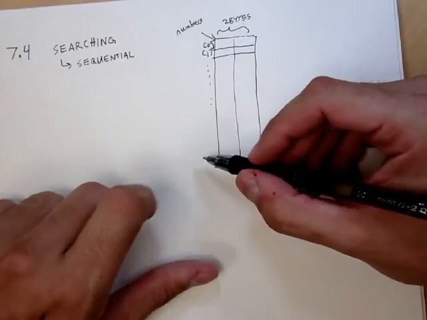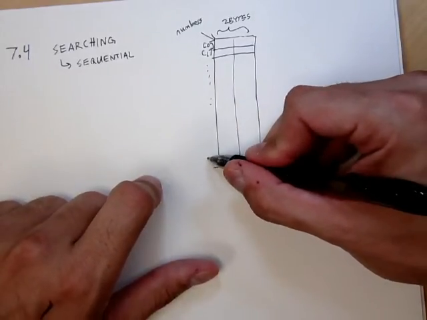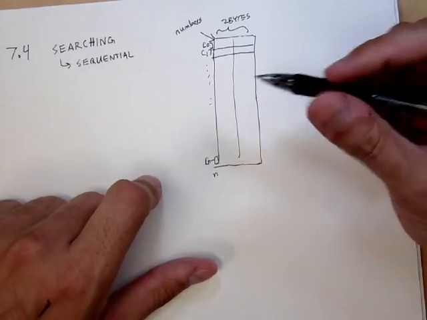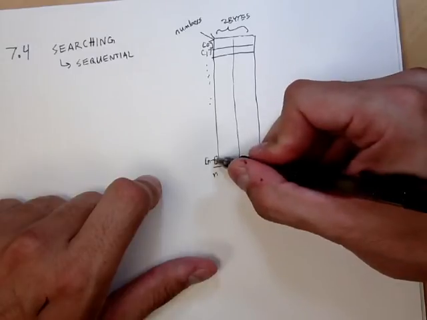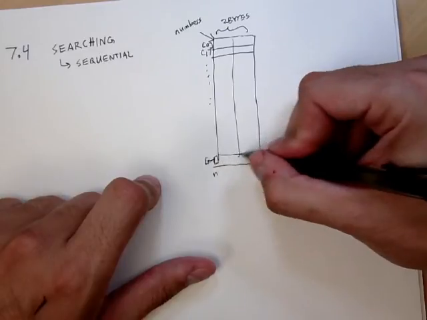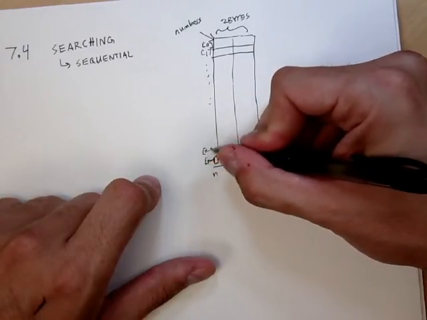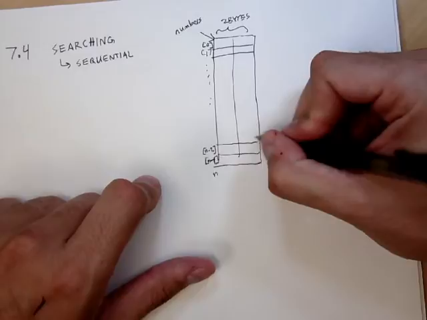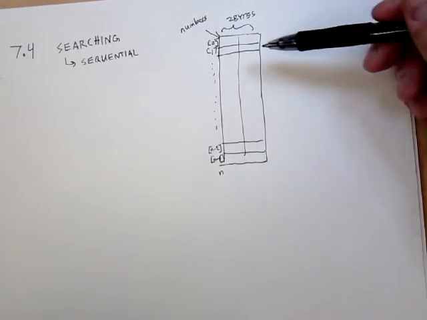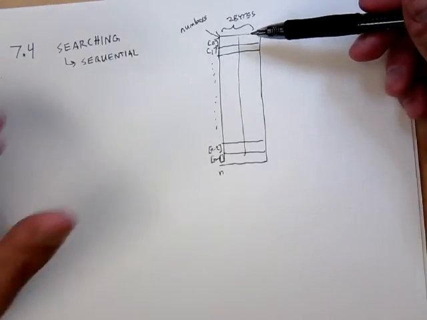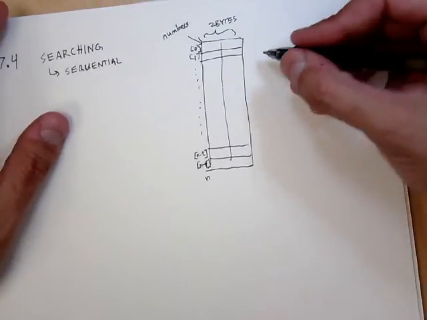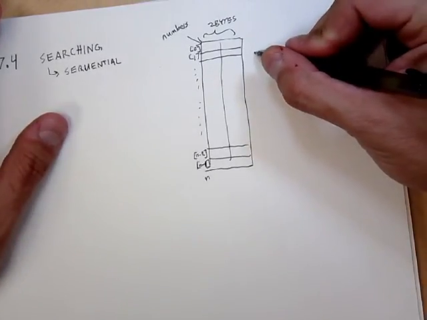And this type of algorithm, you could imagine it working for n different numbers, which means you would have indexes going from 0 to n minus 1 at the end. So this would be at index n minus 2, you have another number, and so on. And the searching problem is this idea of how, if we have a list of numbers, can we answer the question, is there a 3?